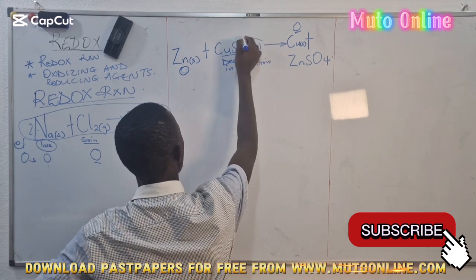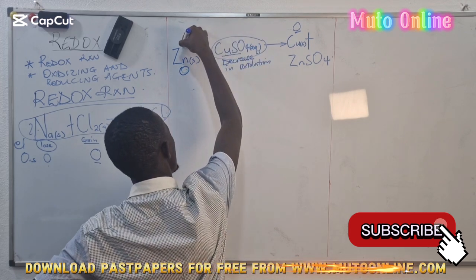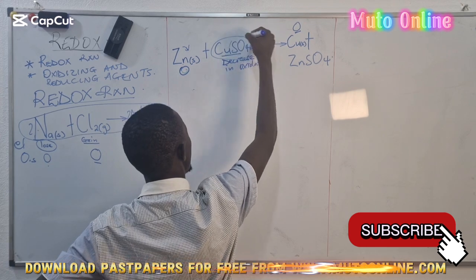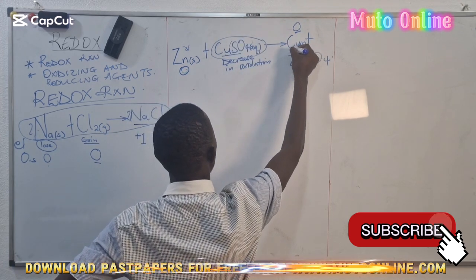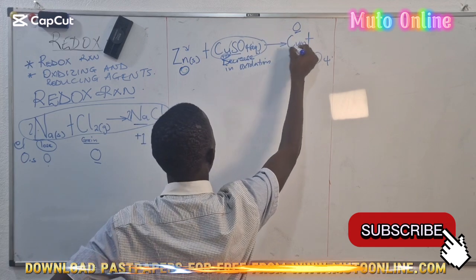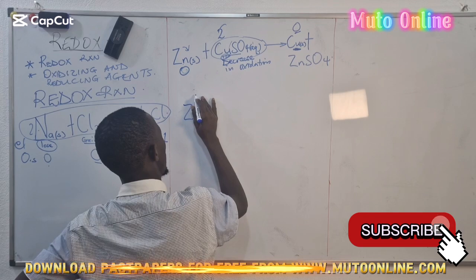So this means in this reaction, the zinc is giving out electrons accepted by this, such that this copper in this compound is reduced to copper. The copper 2 ions here, we can as well write this equation like this.